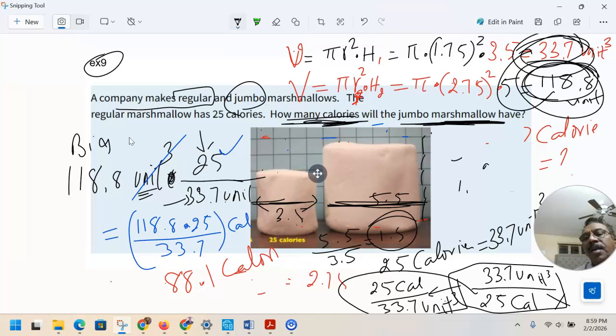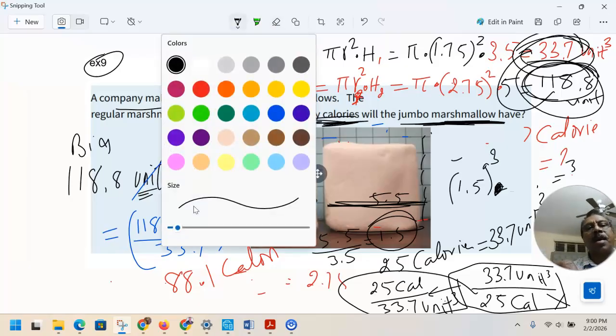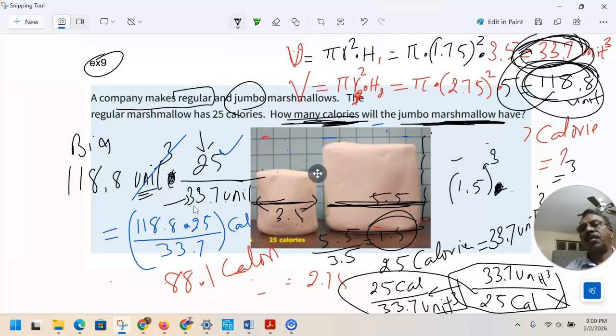Because there is a length, width, and height, if you do 1.5 raised to 3, that is 1.5 cubed times the smaller one, 33.7, that will be almost equal to 118.